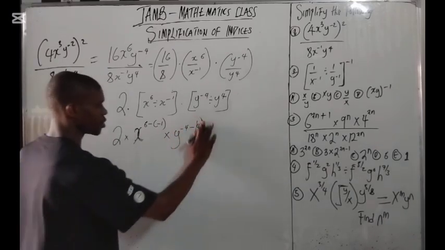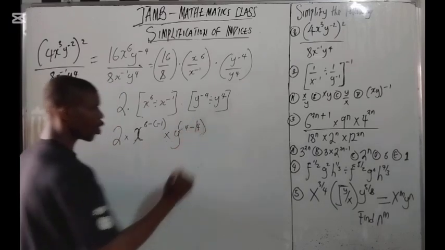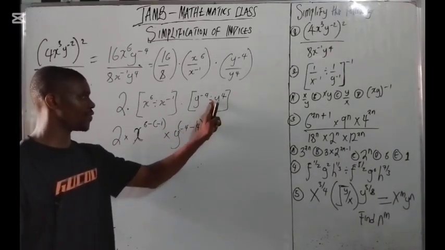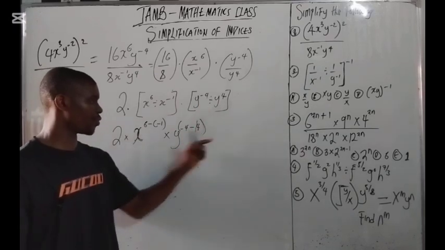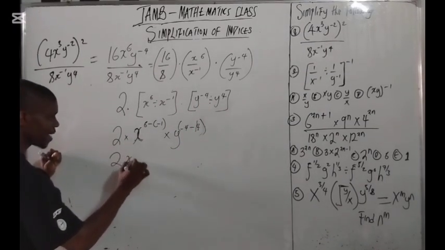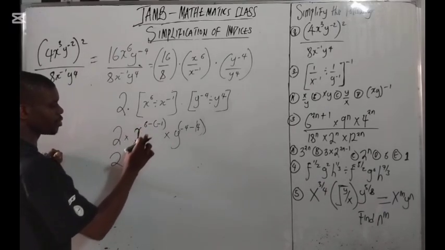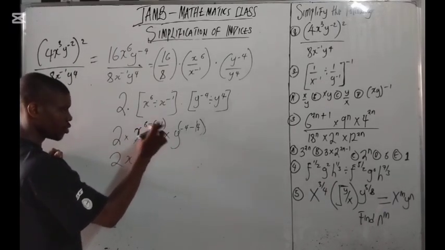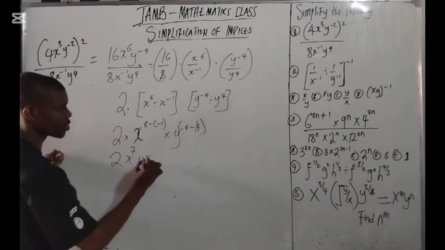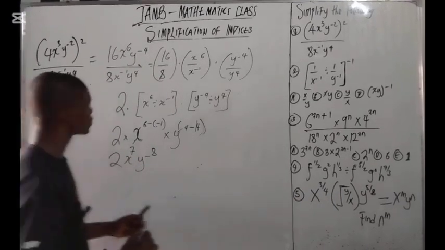It's okay. Hope you understand. So this minus 4 here, divided by this minus, here we now have 4. So here we have 2 x raised to what? Plus times plus, minus times minus is what? Is plus. So you sum them to get 7. Here we have y to the minus 8.